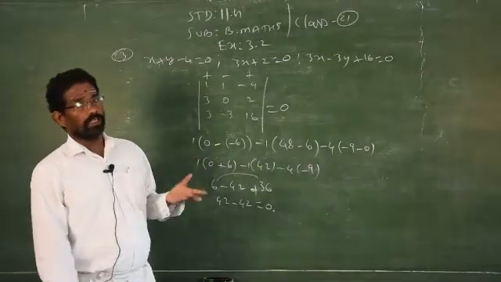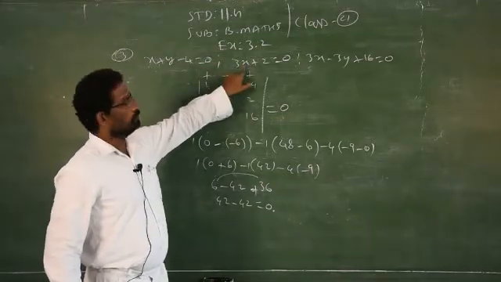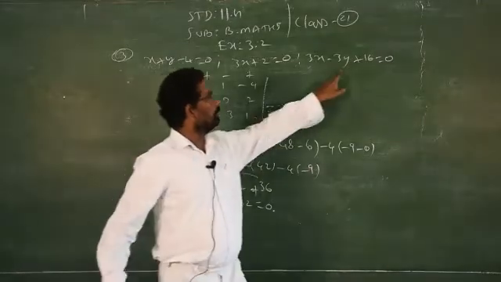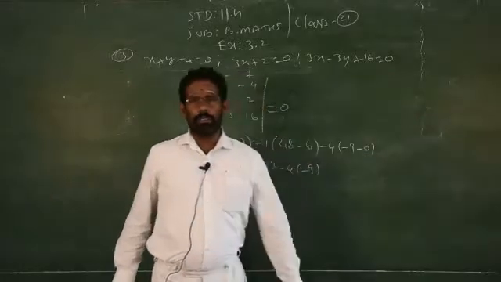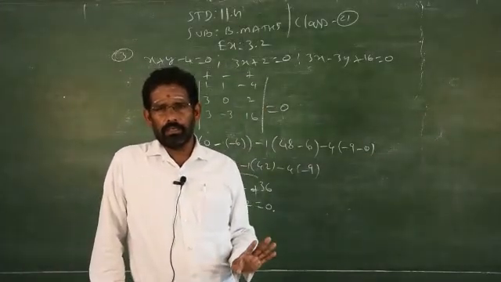If you go to the 10th standard method, you take any two of these equations, solve them, and you will get x and y, isn't it? Then you replace those values in the third equation. When the third equation is exactly equal to 0 after replacing the values of x and y, you have proved the given straight lines are concurrent.